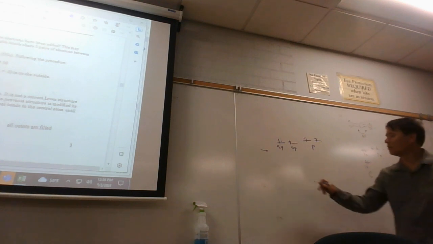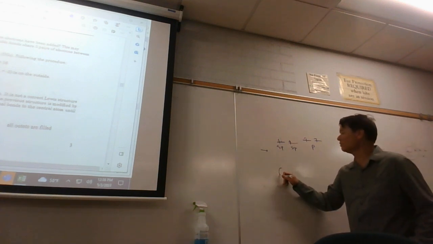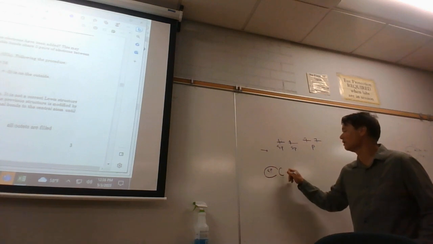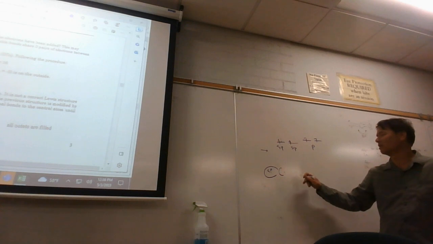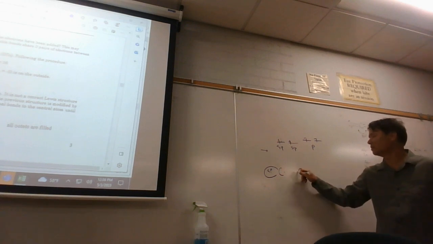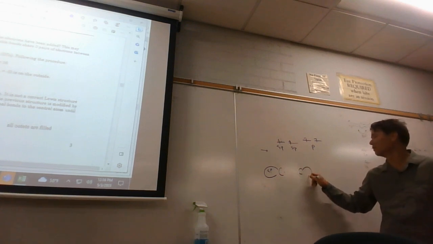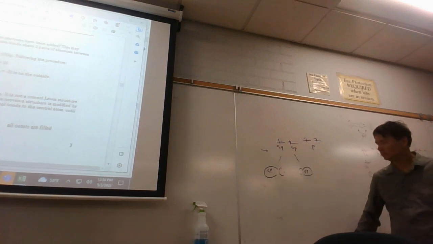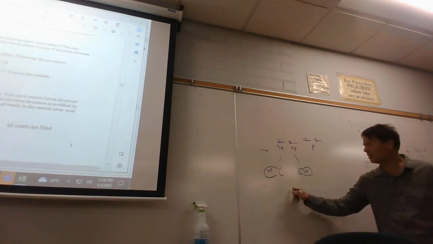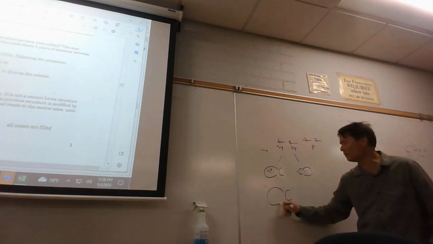Now the sp orbitals are going to be at 180 degree orientation. So one sp orbital sticks out on this side. This is a small lobe. So this would be the positive and this would be the negative. The other sp is going to stick out this way. And so it's just different orientation. So when I look at the carbon, it looks like a p orbital, but it's not.